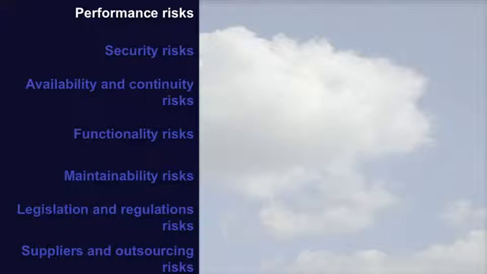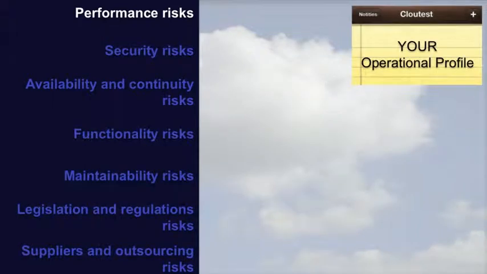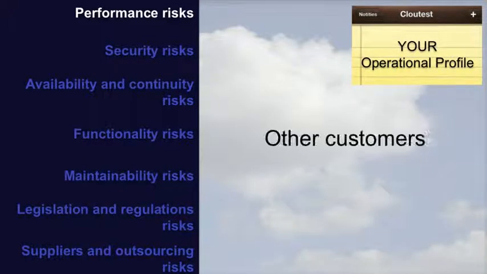Let me give a few examples of cloud-related risks, starting with performance risks. Traditionally, you have the question, is the application and its environment fast enough considering my expected usage? Usage that is modeled into an operational profile. In the cloud, there are other users too.